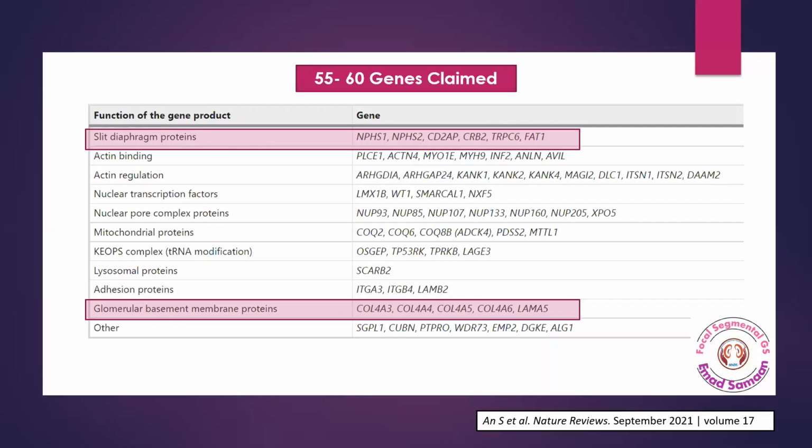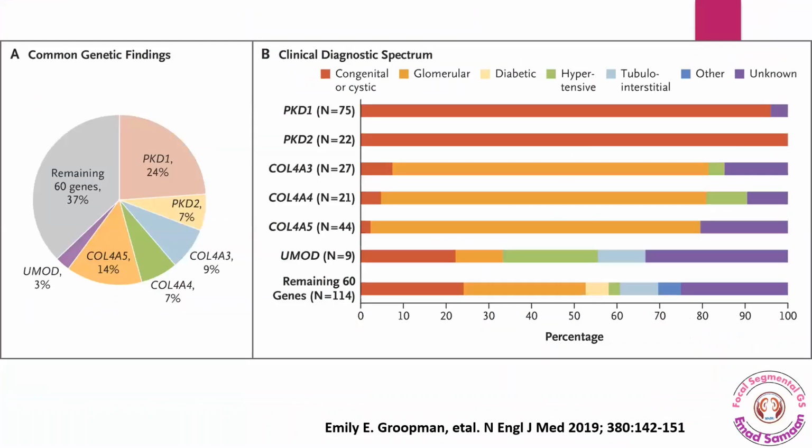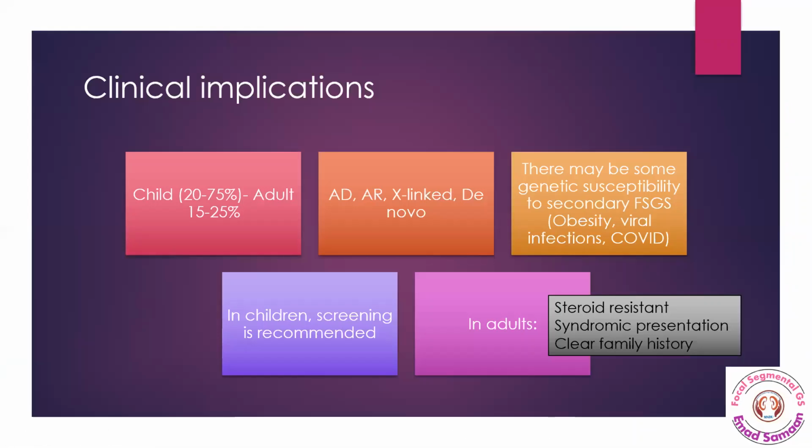Those are the most studied protein and gene panels for diagnosis of FSGS. And here, again, those are the genes implicated in genetic kidney disease. In the glomerular diseases, you will find COL4A3, COL4A4 and COL4A5 are the most implicated genes in the genetic glomerular disorders.